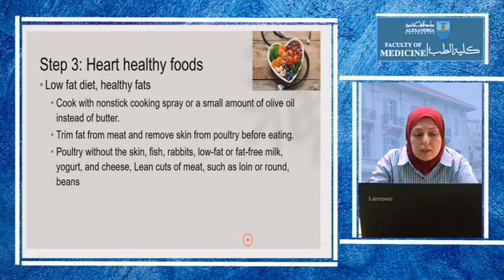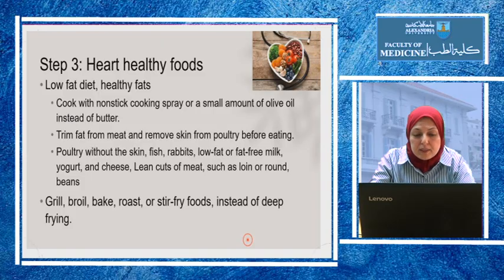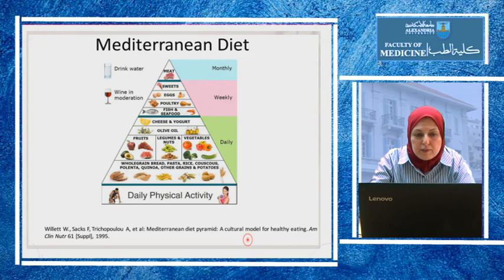So cooking with a minimal amount of fats, preferably healthier fats like olive oil, removing fat from meat and skin from poultry, preferring the white meats, the poultry, the fish, the rabbits, the low or free fat milk and yogurt and cheese. Lean cuts of meat should be better. Grill, broil, bake, roast, or stir fry food instead of deep frying, and increase fruits and vegetables.